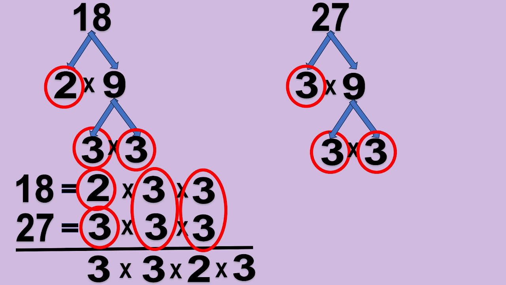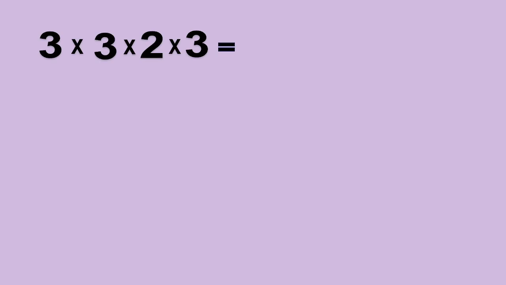Now, get the least common multiple of the given numbers by solving for the product of the combined factors. 3 times 3 times 2 times 3. 3 times 3 is equal to 9. 9 times 2 is equal to 18.